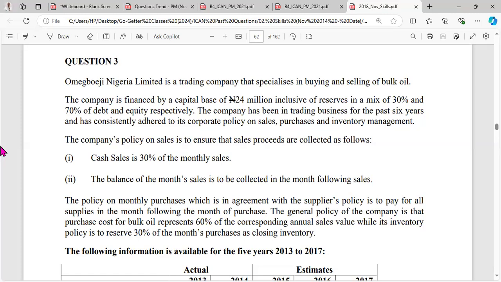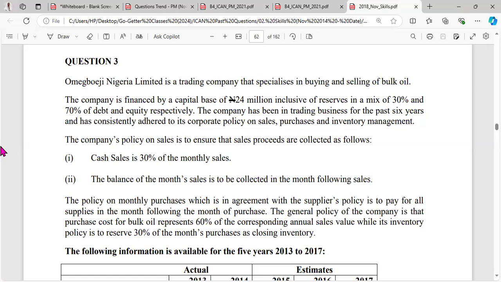The general policy of the company is that purchase of bulk oil represents 60% of the annual sales. Okay, so it means the purchase of bulk oil represents 60% of the corresponding annual sales value.